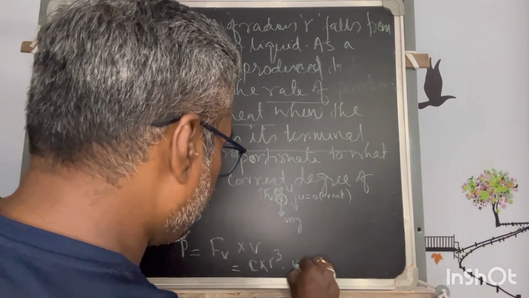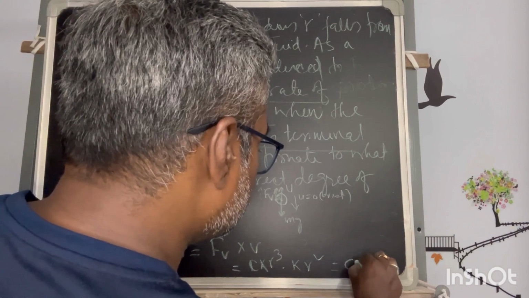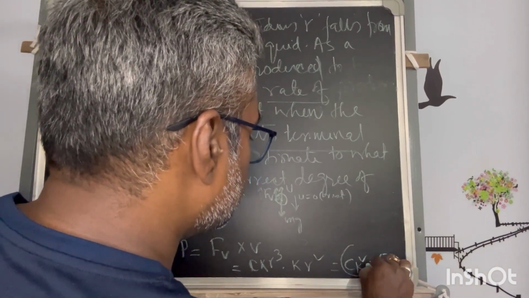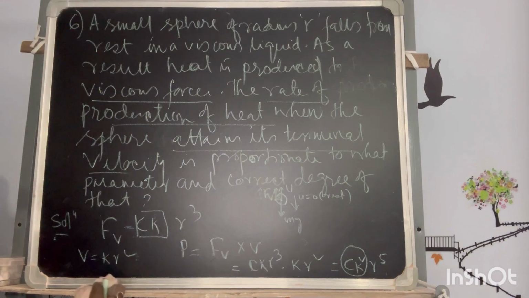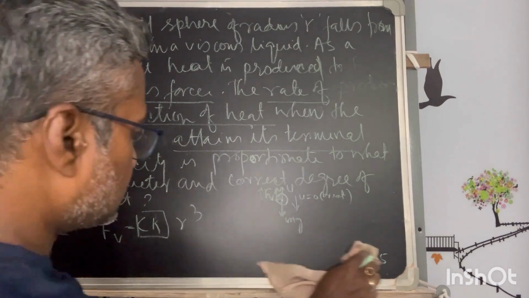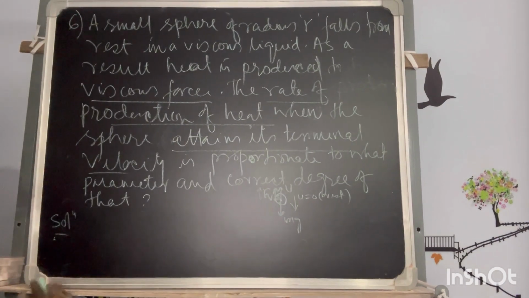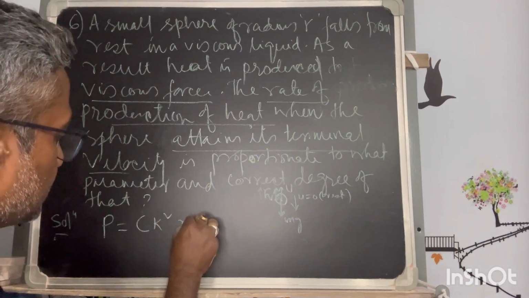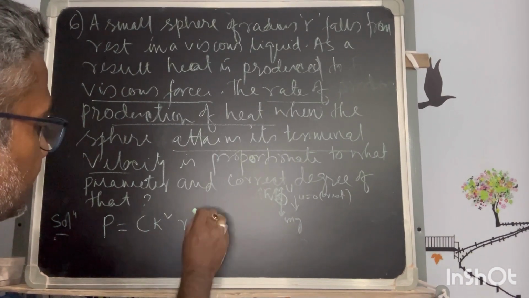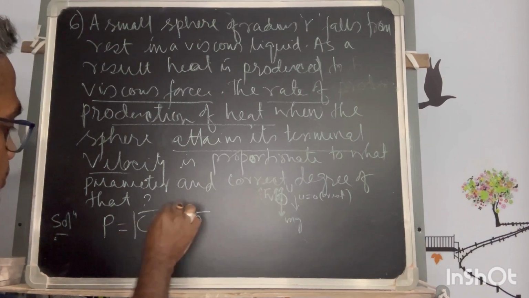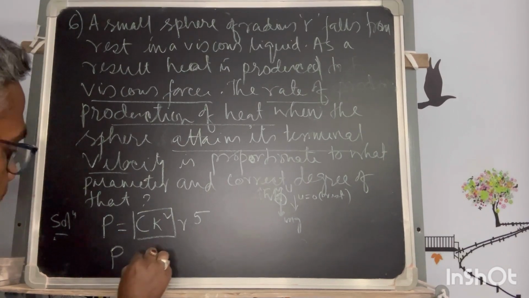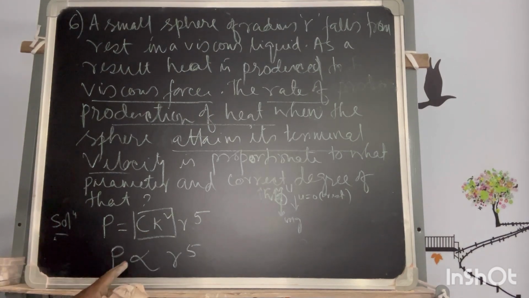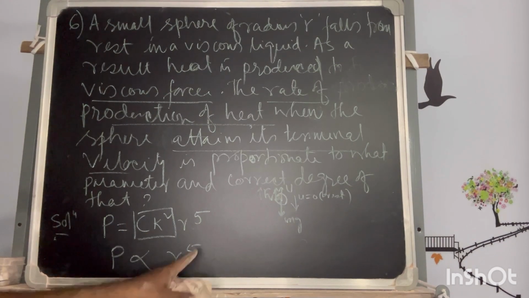So altogether we get C k square r to the power 5, and this C k square is also a constant. So power is proportional to r to the power 5.